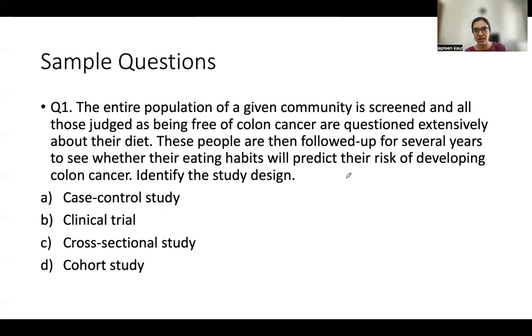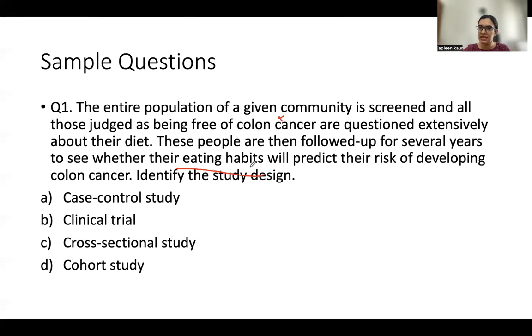Identify the study design. So just think, don't get confused by this free of colon cancer. Are we starting with the outcome? No. We are studying people for their eating habits. And we have very clearly excluded those who had already developed colon cancer. So we are eliminating these people to give an at-risk population.